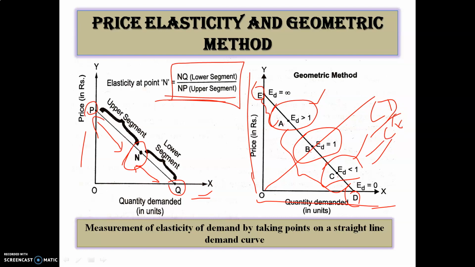Now you see, the value of CE is greater than CD, right? When the numerator is lower than the denominator, obviously the value will be less than 1. When the value of the denominator is greater than the value of the numerator, then the value of elasticity of demand will be less than 1.